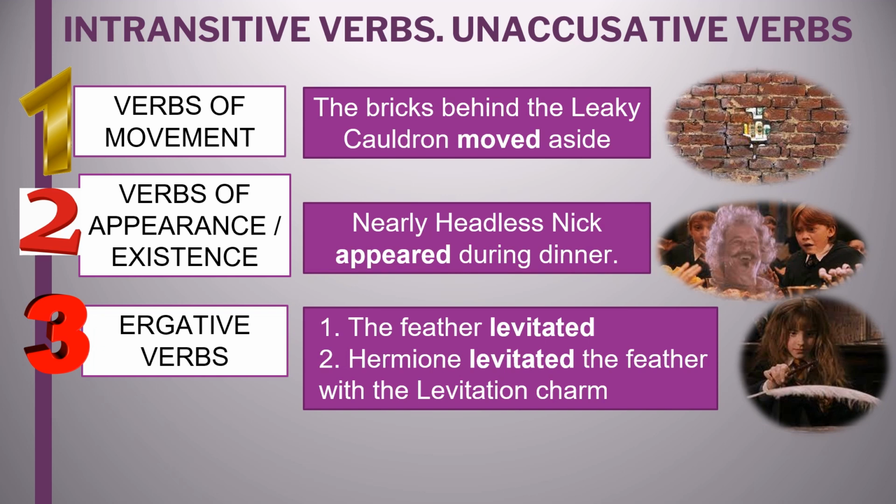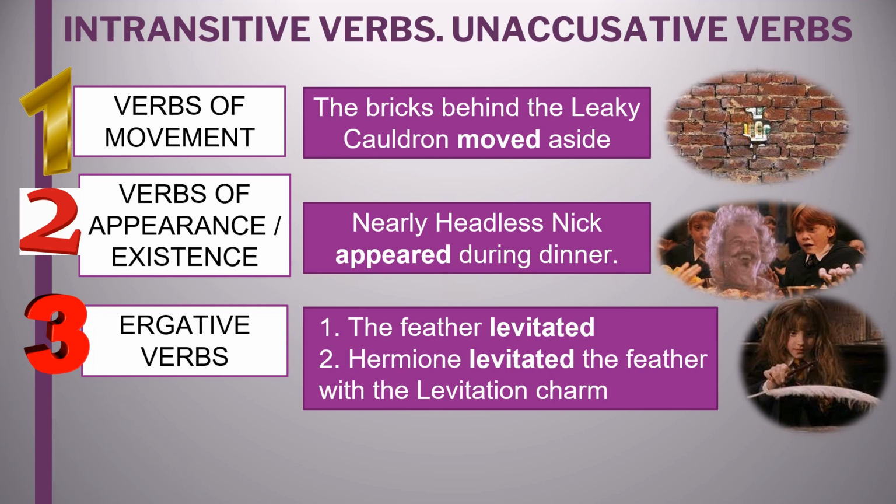The same holds for the verb levitated when used as an ergative verb in the sentence in 1. The feather levitated. Here, the focus is on the change of location and the element that changes places. That is, the DP the feather is an internal argument as well, and it receives the theta role of patient in this particular case.